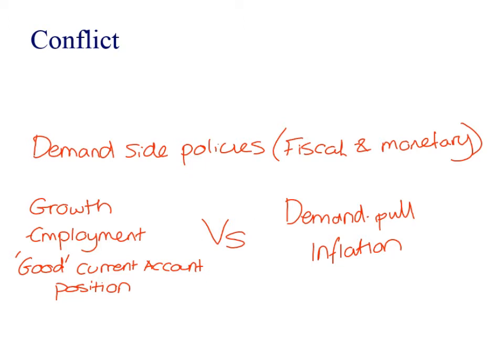Growth, employment and a good current account position are contrasted against demand pull inflation: you can achieve these through demand side policies, but you're going to cause inflation. So there's a conflict. Which one do you want to achieve?